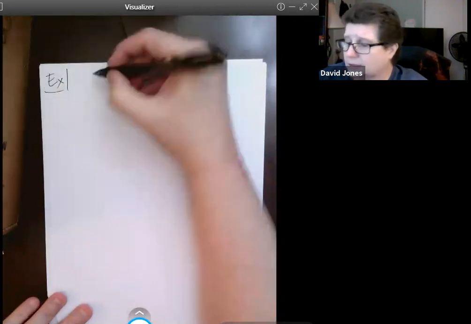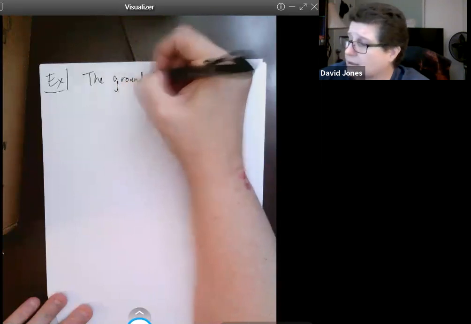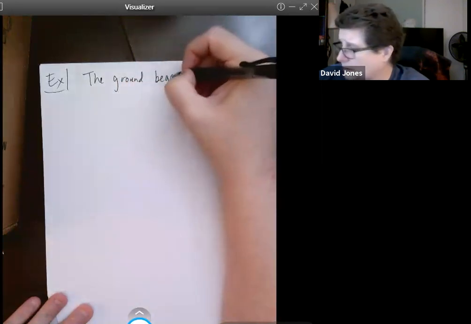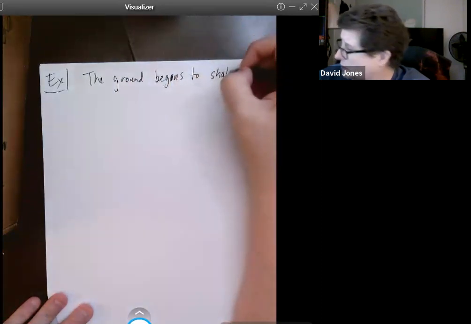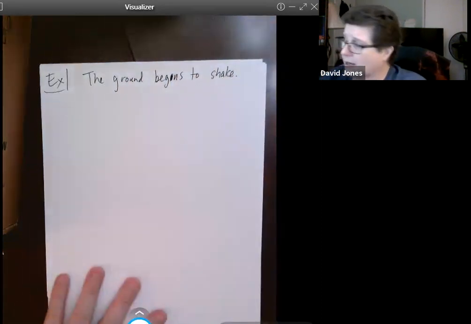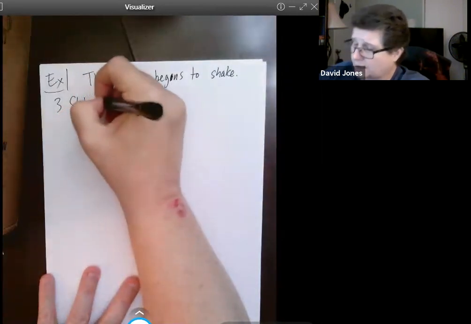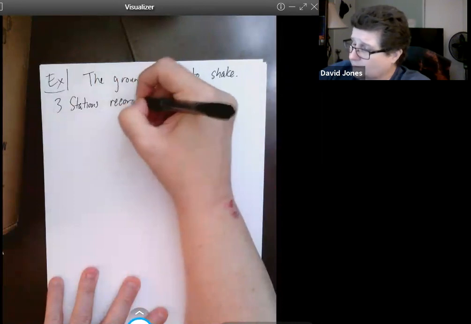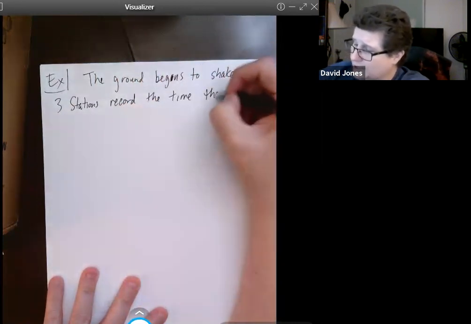Example. The ground begins to shake. Three stations record the time that it started shaking.